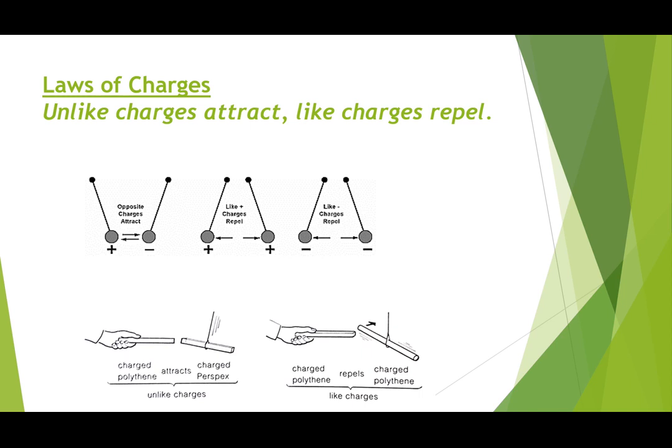Unlike charges will attract. That means the positive and negative charge will attract. The figure shows the positive and negative charges attracting, as well as the positive and positive, and negative and negative charges repelling.